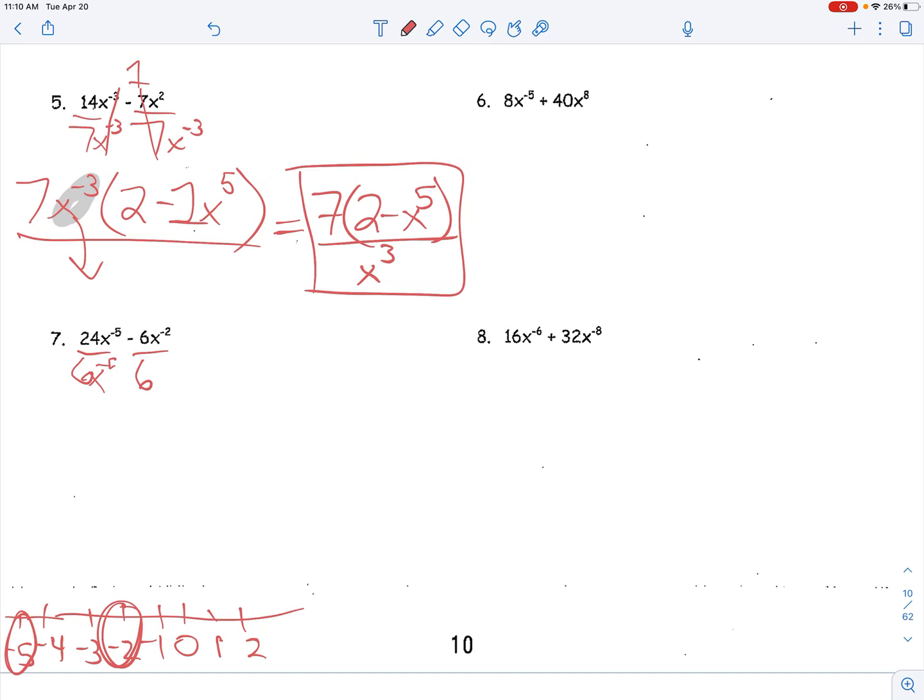So we're taking out a 6x to the power of negative 5. That is your GCF. 6x to the power of negative 5.